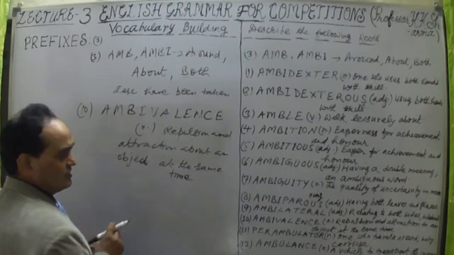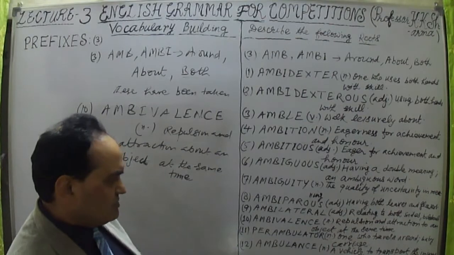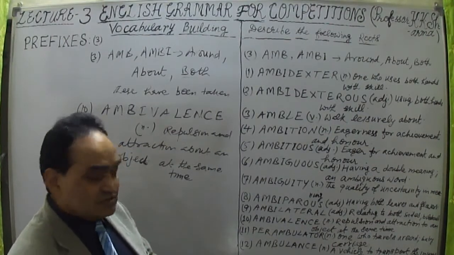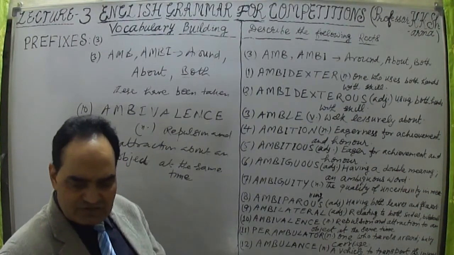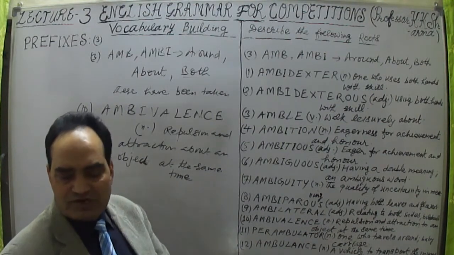Ambivalence means both sides at the same time, repulsion as well as attraction, that means merits and demerits, are there in this situation.